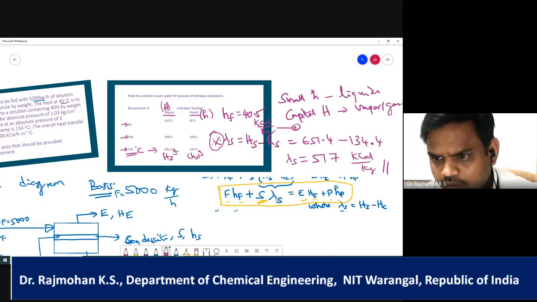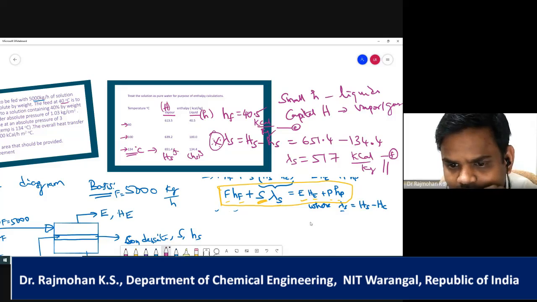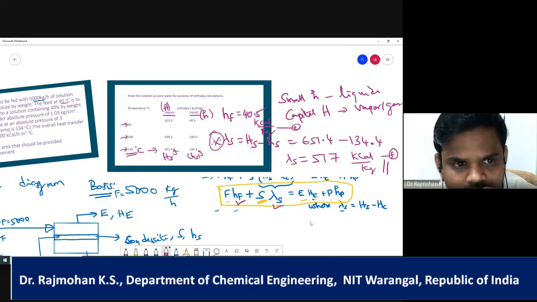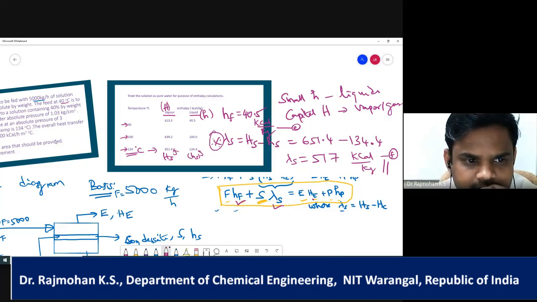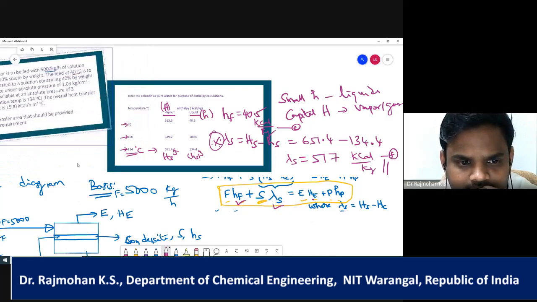Okay, so let us mention A, B, C, D. Let it be E, let it be F. So what else we need? We need values of HF, which we have determined, and lambda S, which we have determined. We need HE, evaporate. Evaporate will leave at what temperature? 100 degrees Celsius, right? So water evaporation will take place at 100 degrees Celsius.